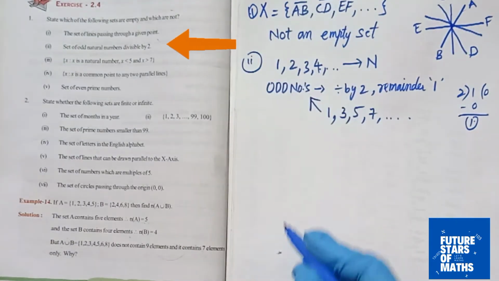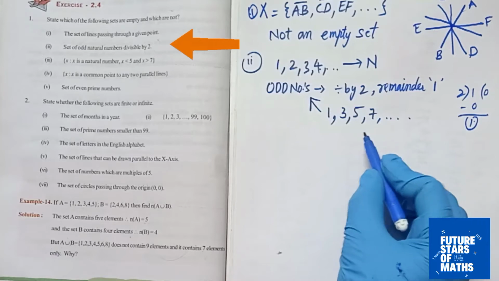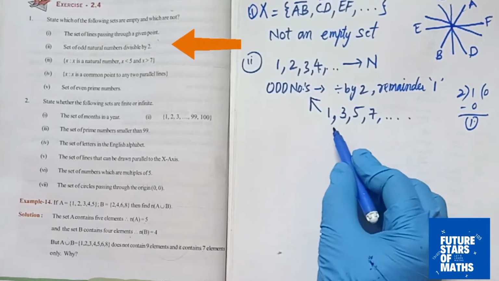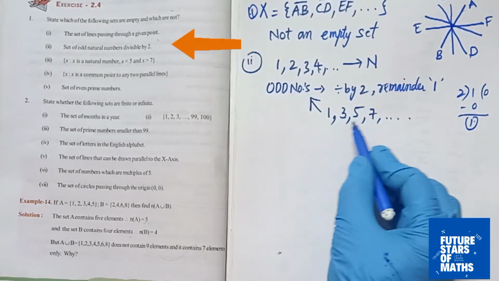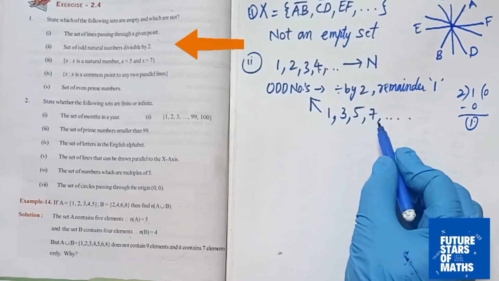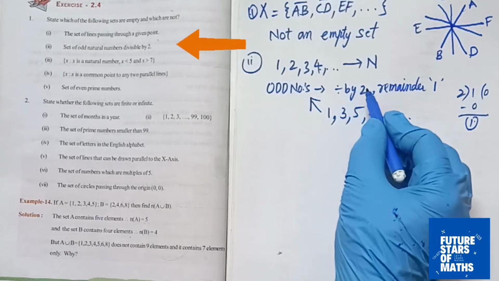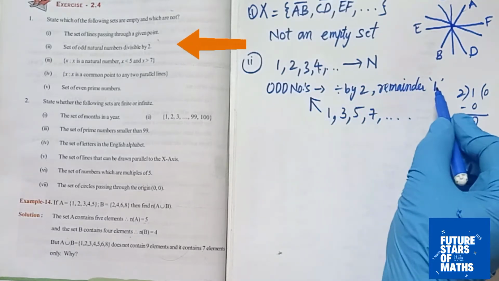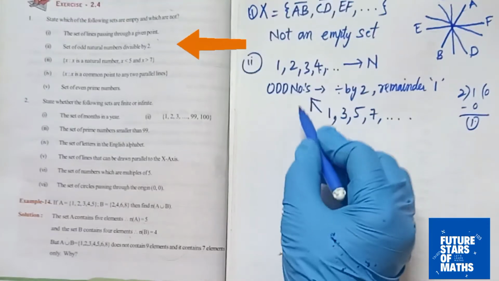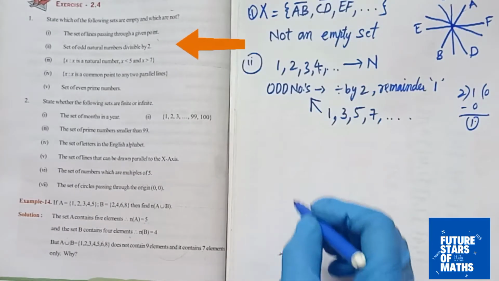Okay. So now what is given? Set of odd natural numbers divisible by 2. Now you can understand. Is any number among these divisible by 2? First of all, what is the definition? When we divide by 2, what are we going to get? Remainder 1. So we will not get any odd number that is divisible by 2. Okay.